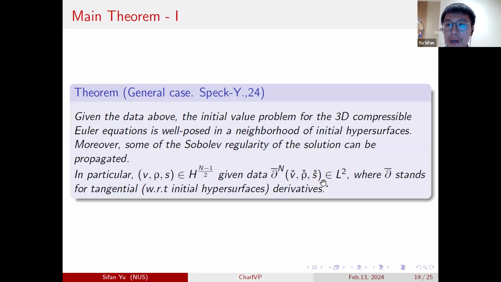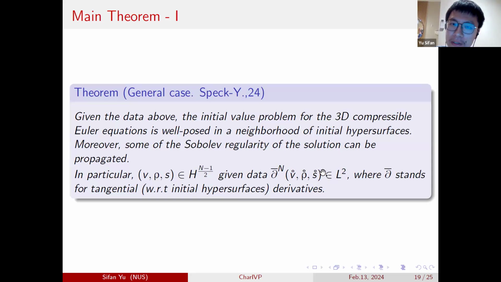By the loss of regularity that we investigated just earlier, we have the result that we can only take n over 2 transversal derivatives of the data. Basically, you take one transversal derivative, you lose one derivative.